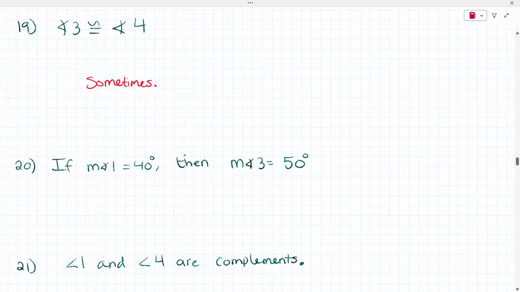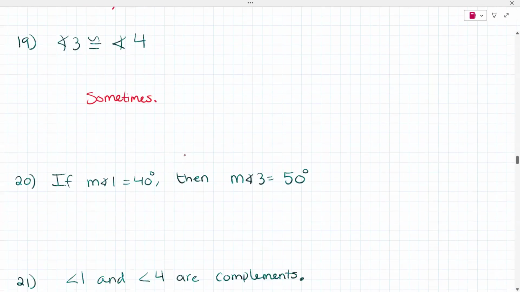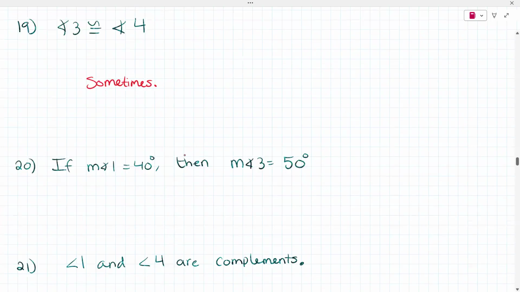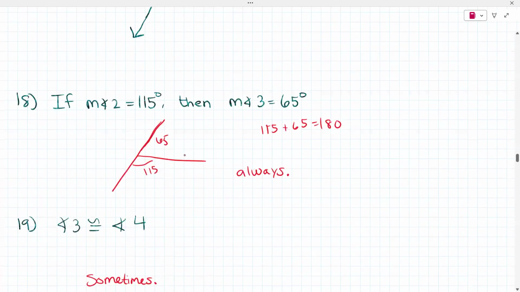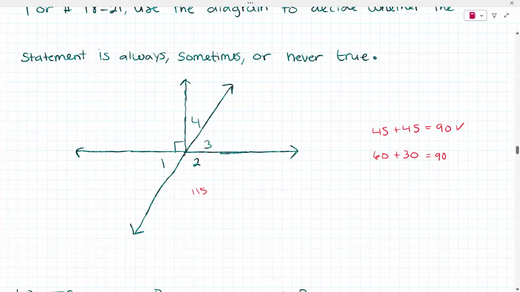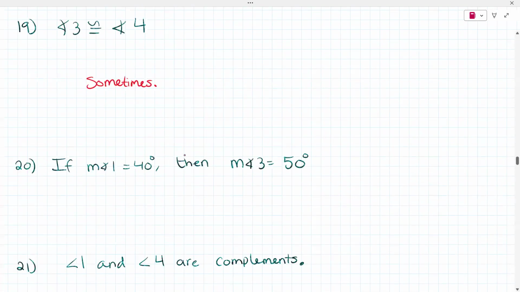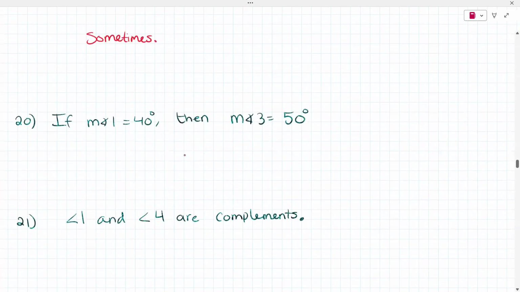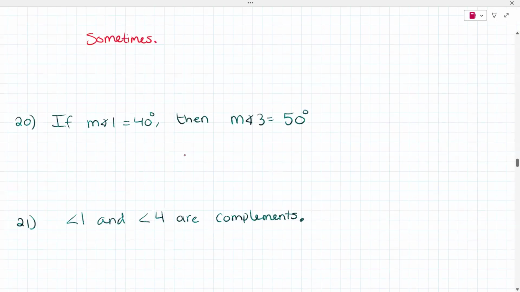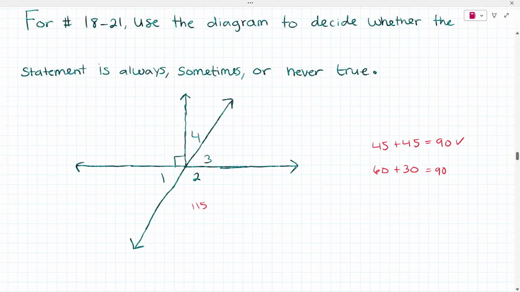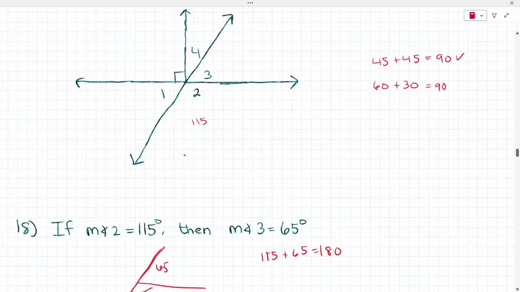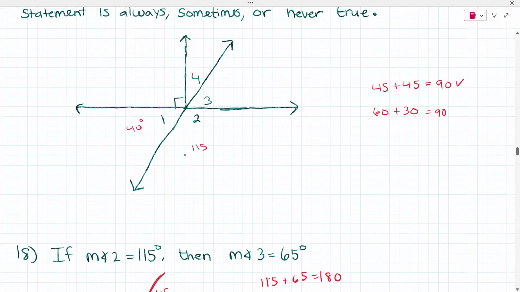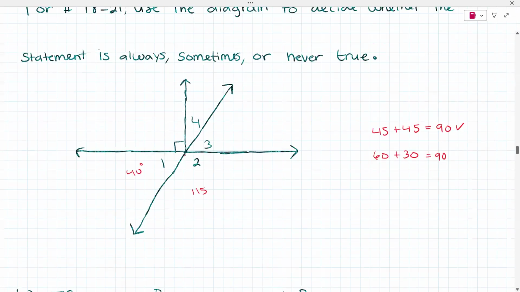Number 20, if angle 1 is 40 degrees, then angle 3 should equal 50 degrees. Angle 1 is 40 degrees, and then angle 3 should be 50 degrees.